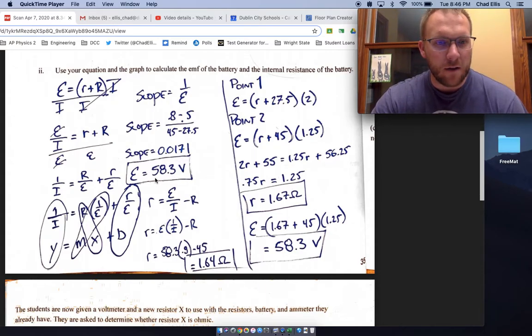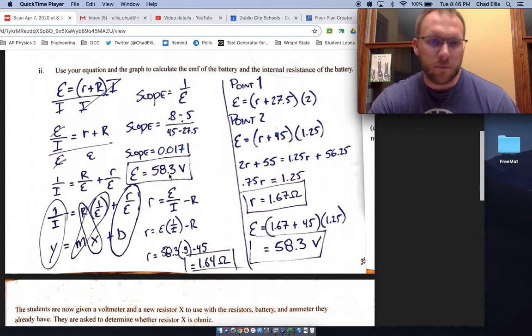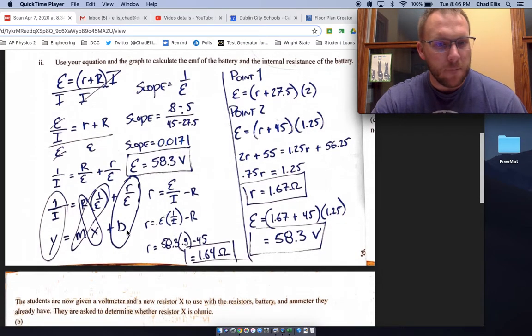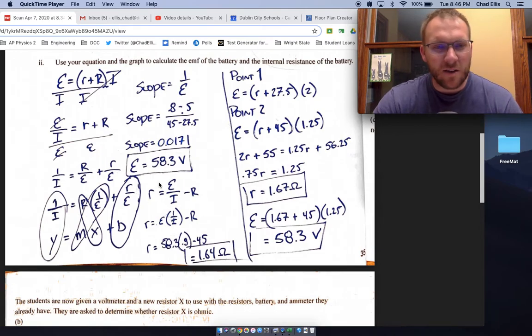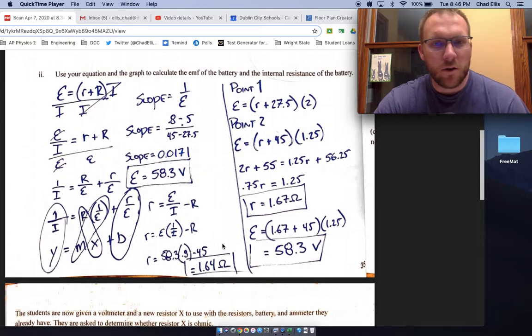From that, I got an EMF of 58.3 volts, right? My y-intercept, b, is how I can figure out my internal resistance. I took this EMF, plugged it back in, took 0.2, I think, and solved for my internal resistance of 1.64 ohms. Okay, so that's one way you can do it.